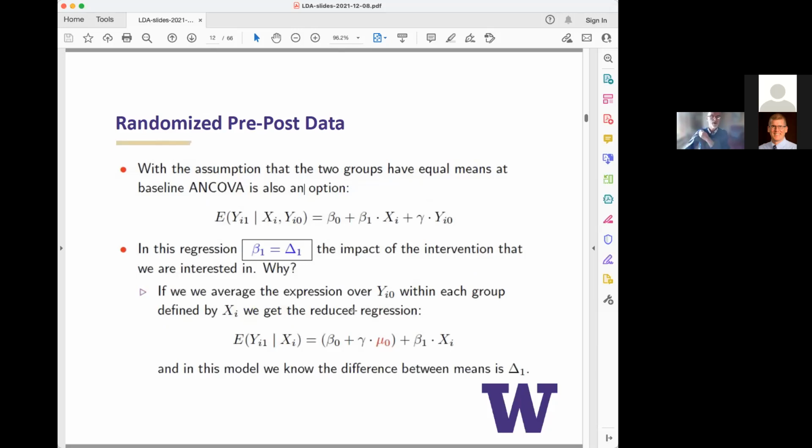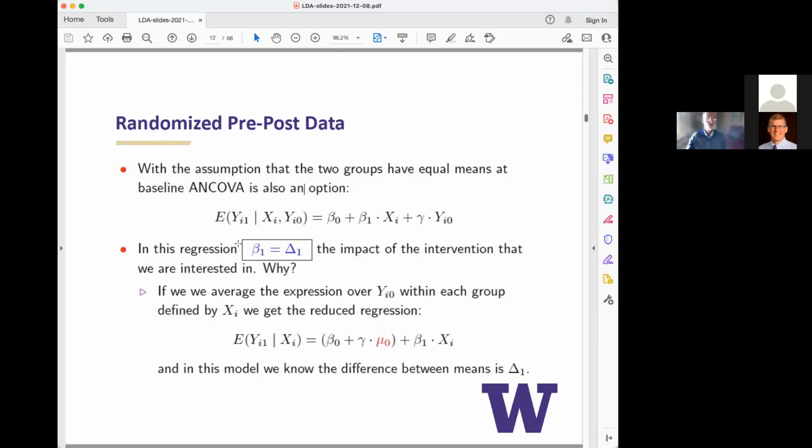So a third option would be to say, well, if we look at the previous two options, one way to look at them is using post only, subtracted away no baseline. Using change, took follow-up and subtracted all the baseline. There are intermediate strategies, actually, that subtract part of the baseline, and basically that's called ANCOVA, or a specific pre-post version of ANCOVA.